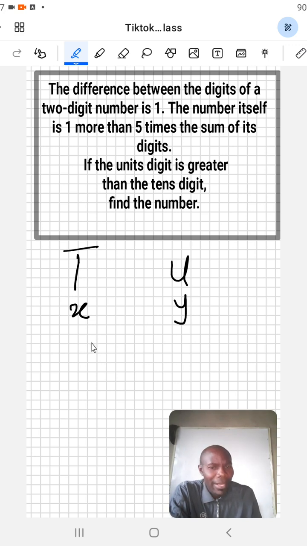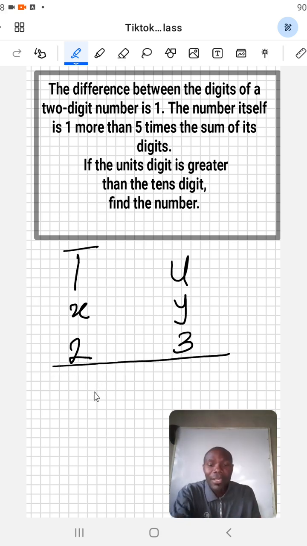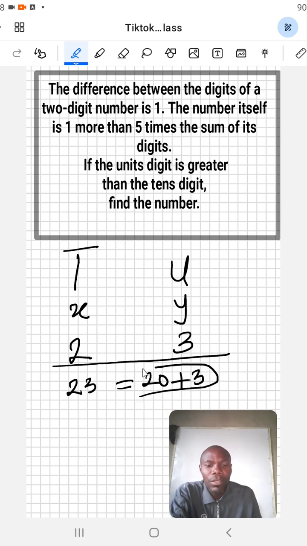But you may not get it right now. Let me just say a number is 23. You can rewrite it as 20 plus 3. This is what brings about 23.